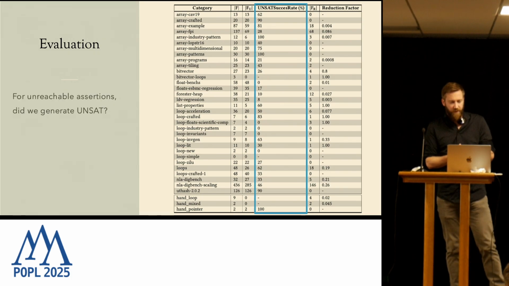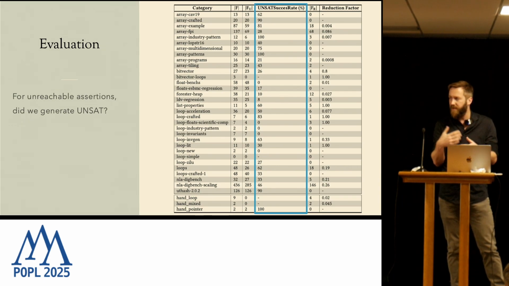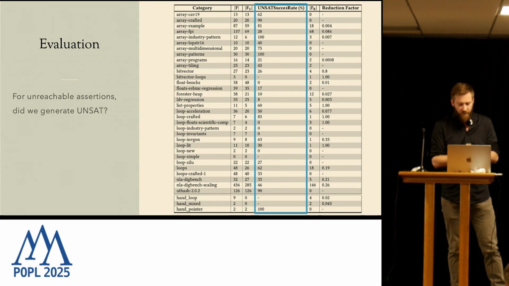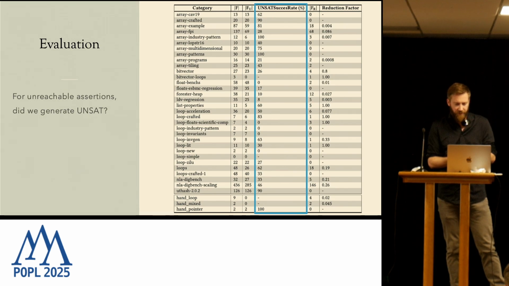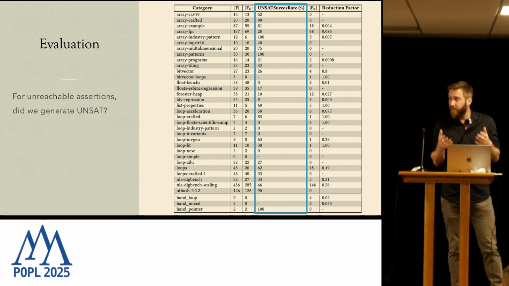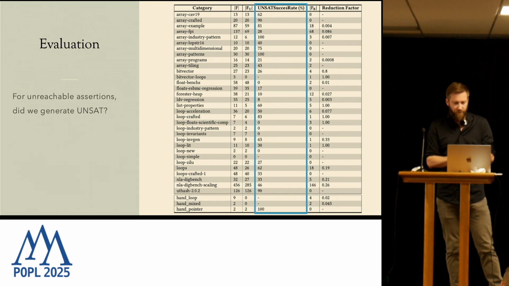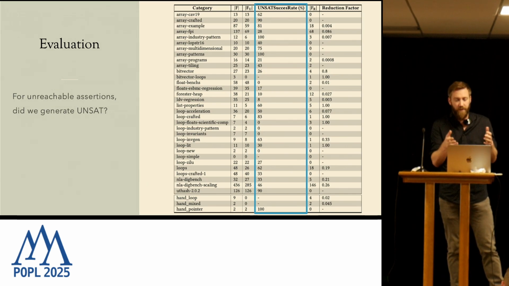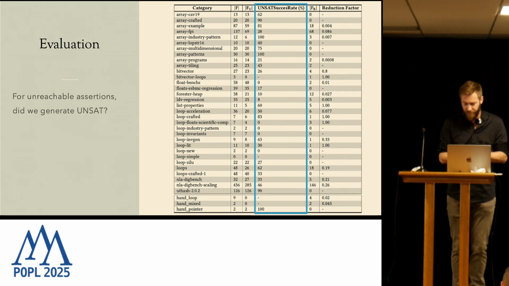So if the assertion is known to be unreachable, do we actually generate an unsatisfiable set of side conditions and a presumption? Now, of course, since we have proven soundness in the Isabelle theorem prover, the percentage of functions for which this holds should just be 100%. We are sound, so it should simply be 100%.